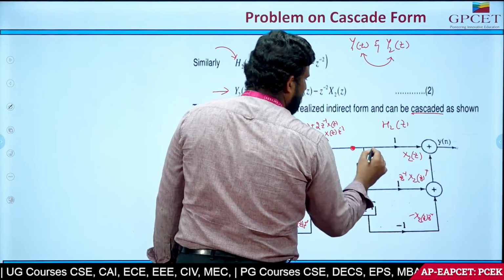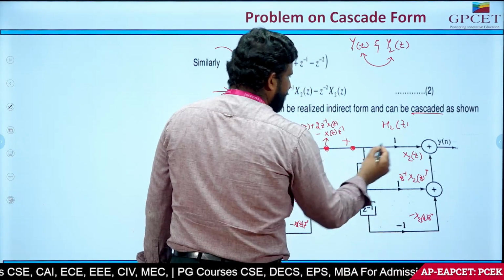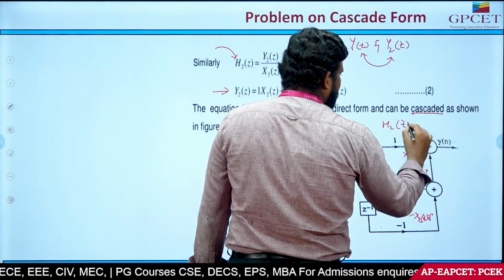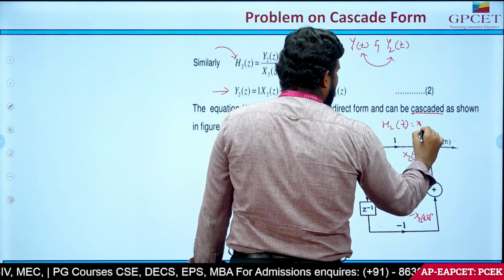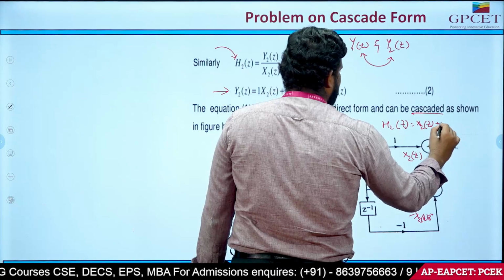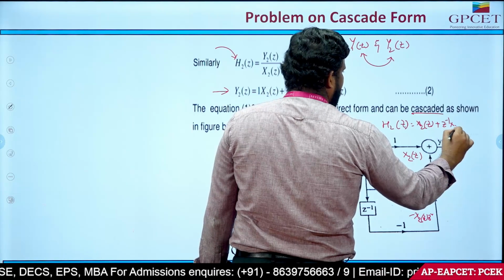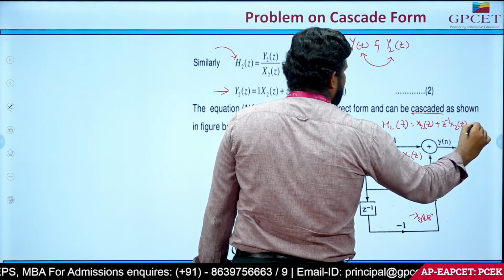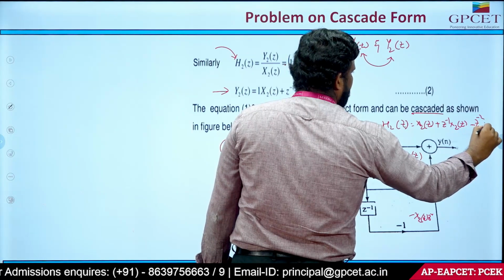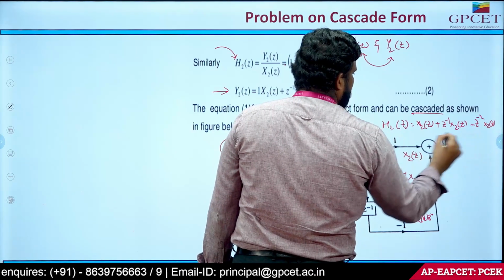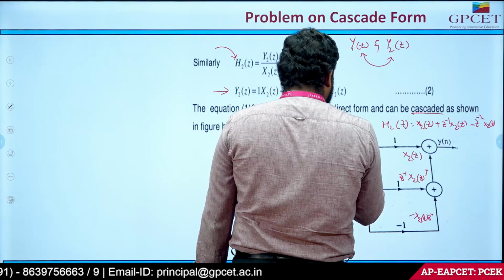Total three things I got. So H2 of z is equal to X2 of z plus z inverse X2 of z minus z power minus 2 X2 of z.